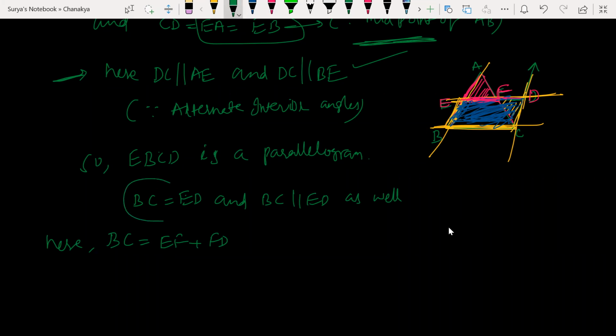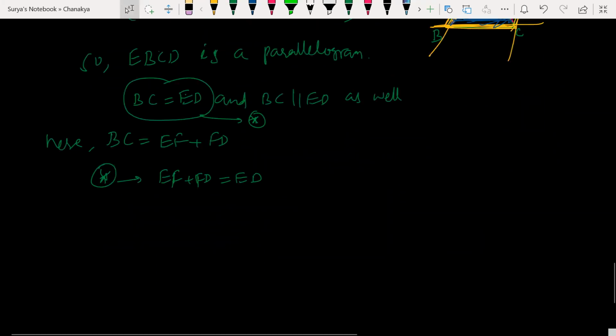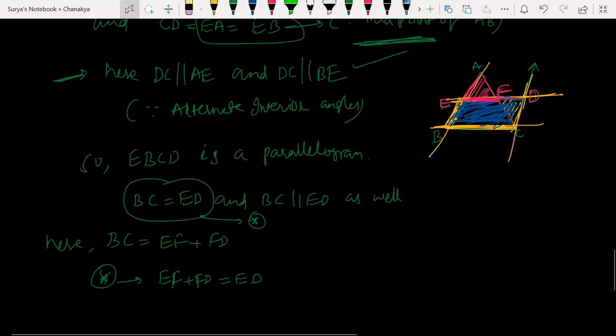Now can I substitute BC here? So let us say this is the star equation. From the star equation, EF plus FD is equal to ED. Here EF, what do we know?